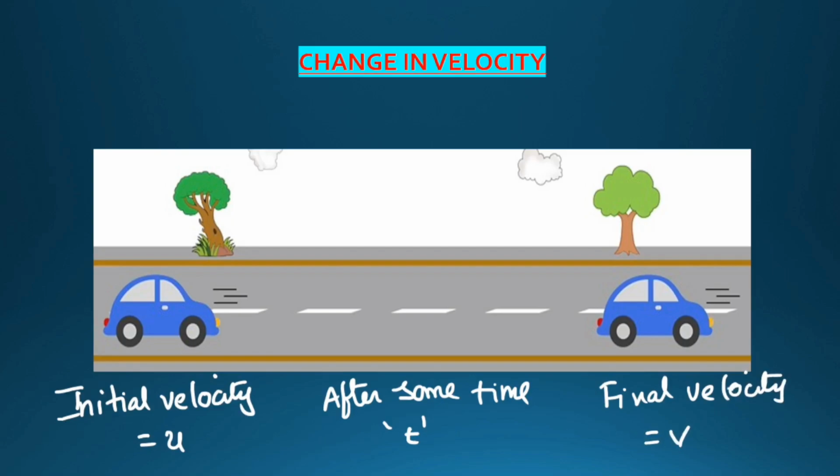Now what is the change in velocity here? Change in velocity is nothing but final velocity minus initial velocity, that is v minus u in the time t seconds. Now see the change in velocity in the time t seconds equal to v minus u.